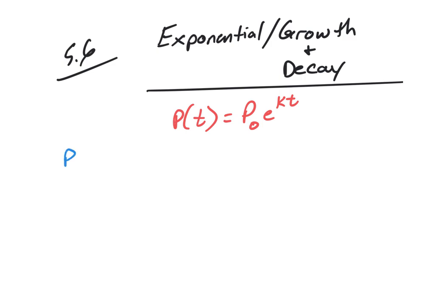P sub 0 is the starting amount at time 0. So that's why we call it P sub 0.